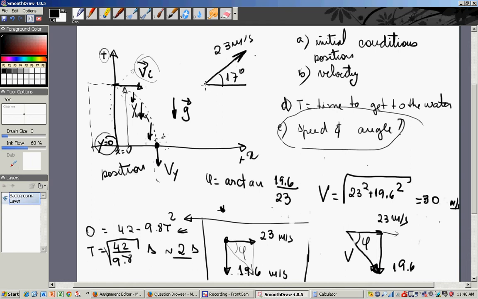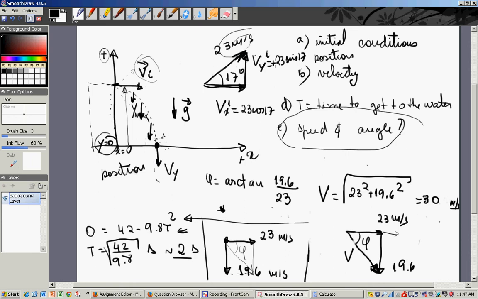To complicate matters a little bit, I could ask the same questions, except that now I would say my initial velocity, which is 23 meters per second, makes an angle of, let's say, 17 degrees with the horizontal. What would be the different thing to do? Well, your initial velocity in x will be different.